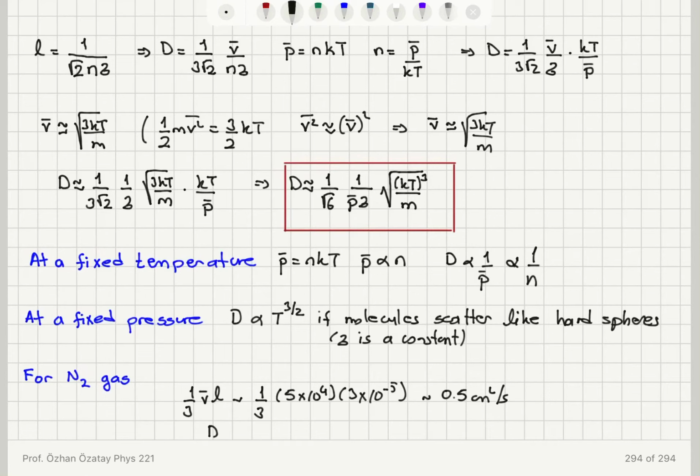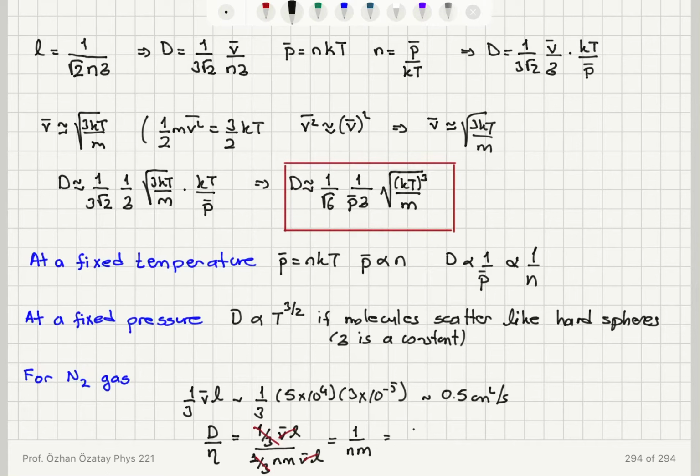So if you calculate the ratio of diffusivity to the coefficient of viscosity, 1 over 3 V bar L was diffusivity, and if you remember, coefficient of viscosity was 1 over 3 n m V bar L. So these V bar L's will disappear, 1 over 3's will disappear. The ratio of coefficient of self-diffusion to the coefficient of viscosity is 1 over n m.